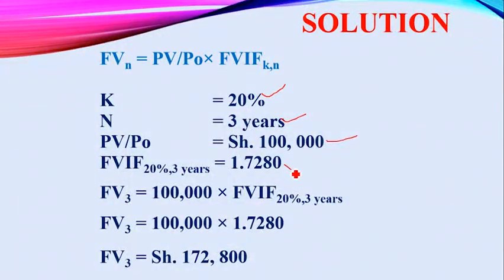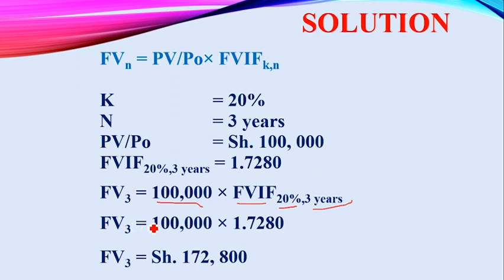So we have the future value interest factor, that is 20%, 3 years. Now you replace that in the formula. So when you replace that, our FV3, the future value in 3 years, is given by 100,000 multiplied by the future value interest factor, 20%, 3 years. And note that these are subscripts. You put them below the FVIF.